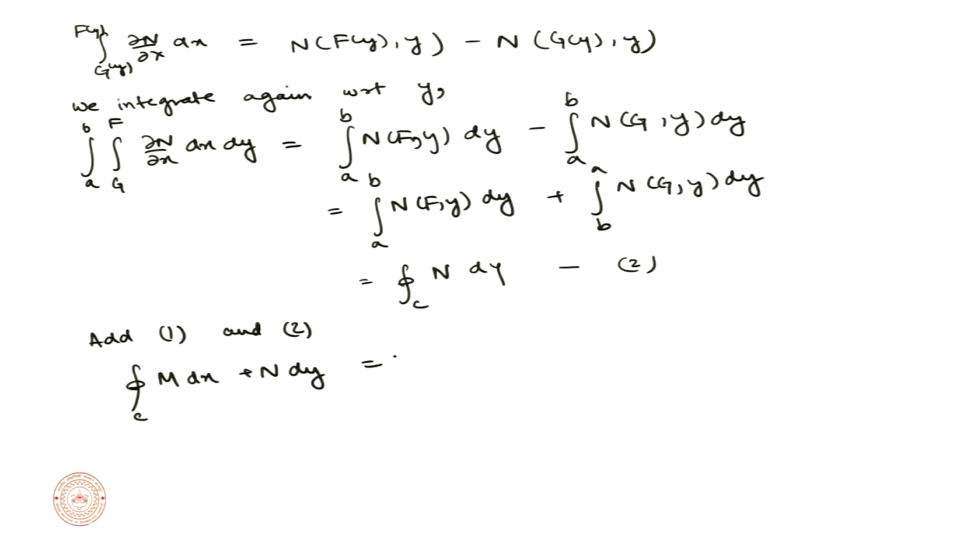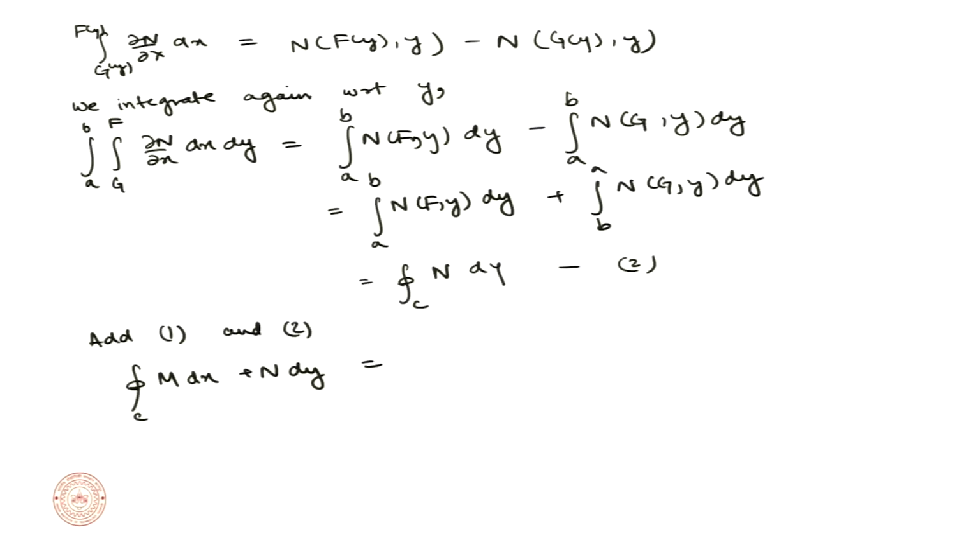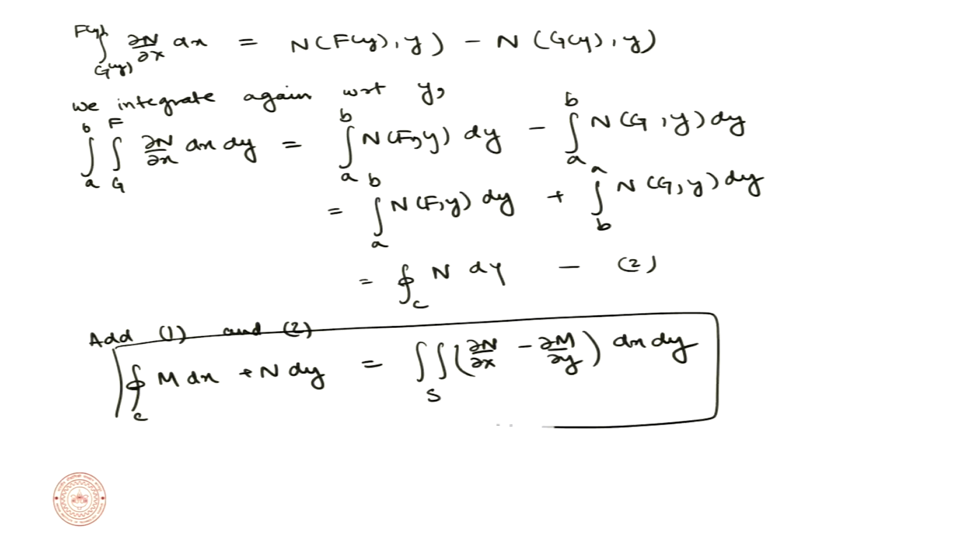Let me go back quickly, one slide. Yes, that's correct. This equals the double integral over the surface S of del n by del x minus del m by del y dx dy. Okay, and that proves our Green's theorem. So, this is our Green's theorem.